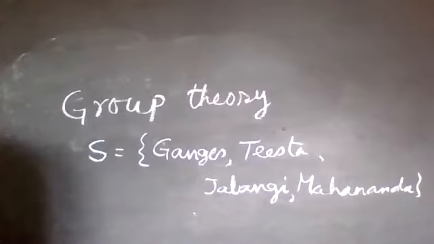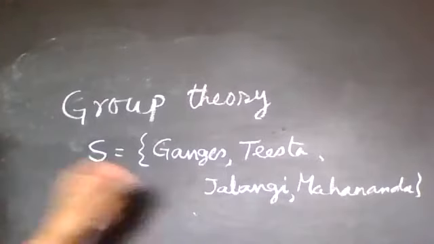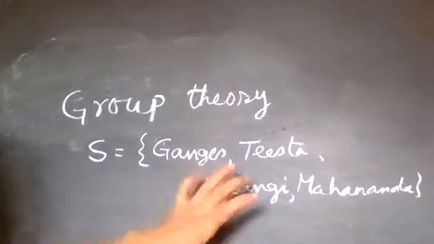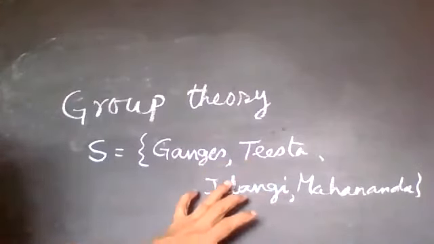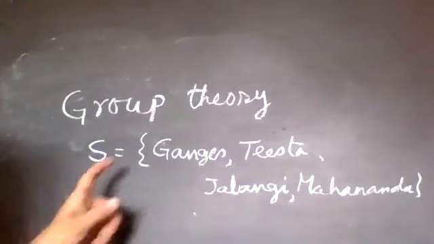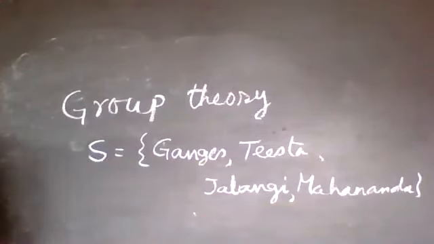What is common in them? They are all rivers of West Bengal. So they form a set. Some rivers of West Bengal are written in this bracket, curly bracket. This is what we call set, having similar property. The similar property here is they are rivers of West Bengal.